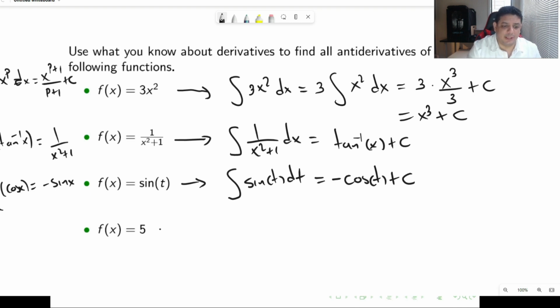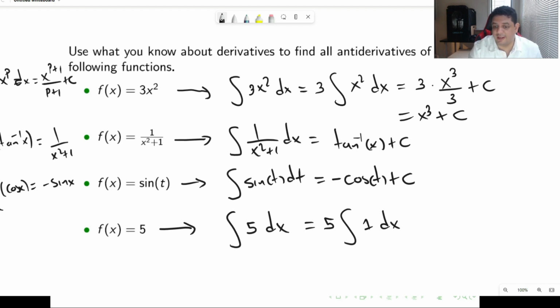Now, in the last scenario, we have a constant, but that constant can be interpreted in two different ways. First, you can just take out the constant and leave it as the integral of 1 dx, and you can think of the integral of 1 as being x. So this is going to be 5x plus c, because that's at the end what we're going to get.